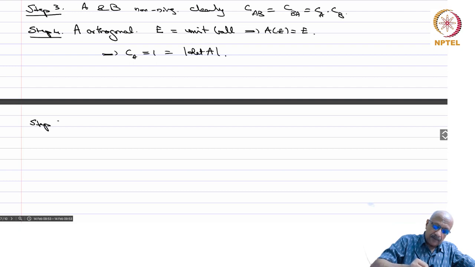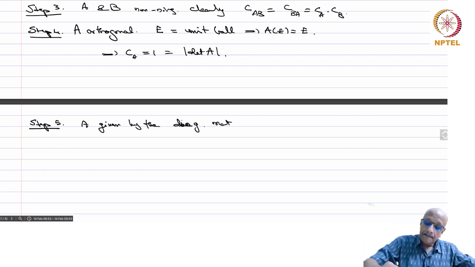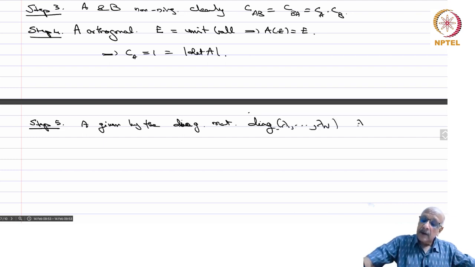Step 5. Let us take A given by the diagonal matrix with entries lambda 1 through lambda n, where the lambda i are all greater than 0, for i from 1 to n.